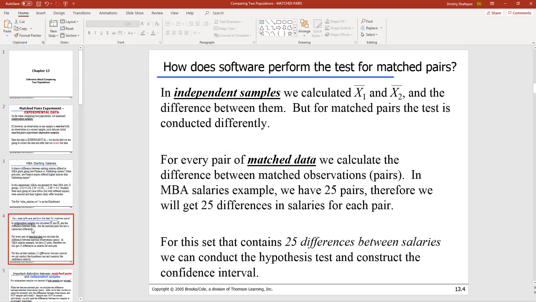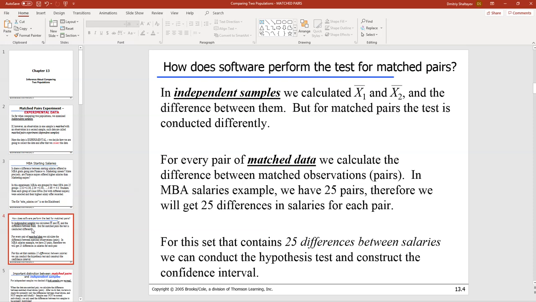For each pair of matching observations, the software calculates the difference between observation number 1 minus observation number 2 on the same line. So in each pair we calculate the difference between the matching numbers, and therefore we're creating a third column, right? A column of all pairwise differences. And what's being tested really is this one column.